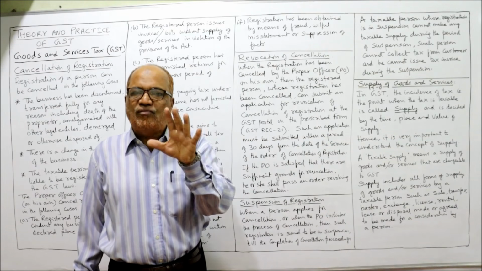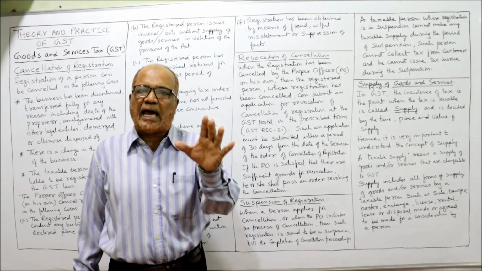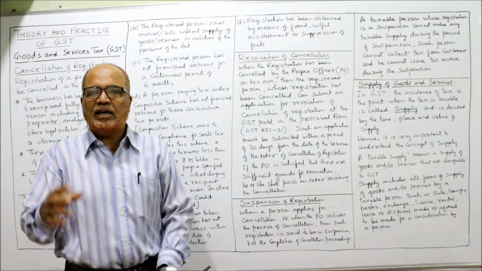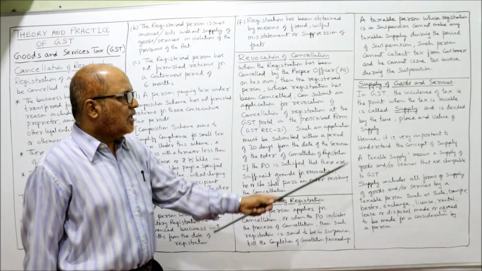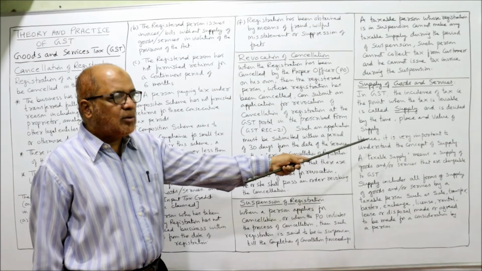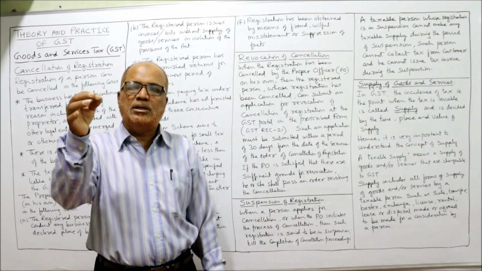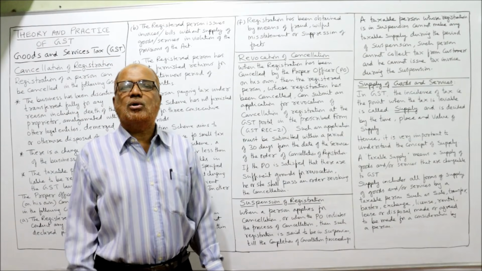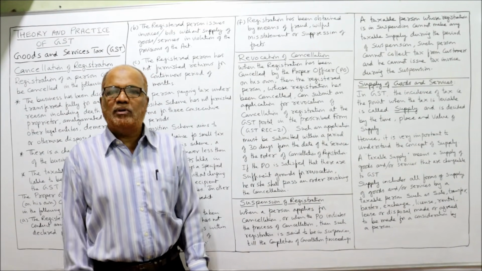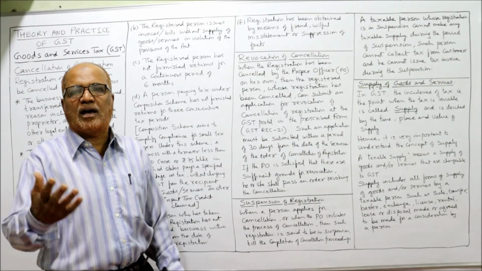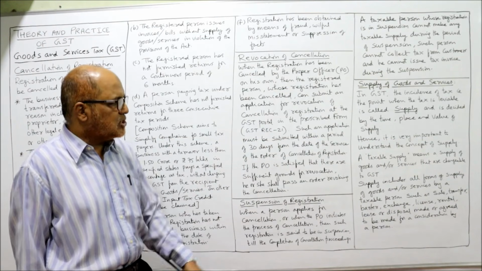So supply is very, very important for calculating and levying the GST. Hence it is very important to understand the concept of supply, because GST depends on supply. The concept of supply should be very clear. Then only can we correctly levy the GST.